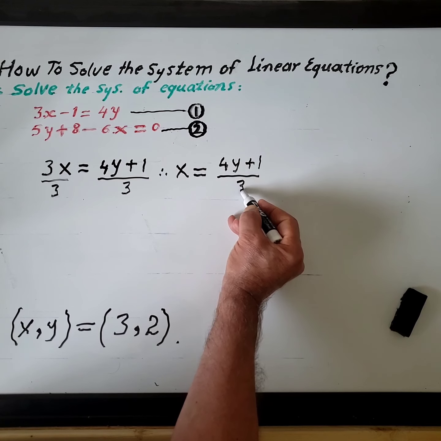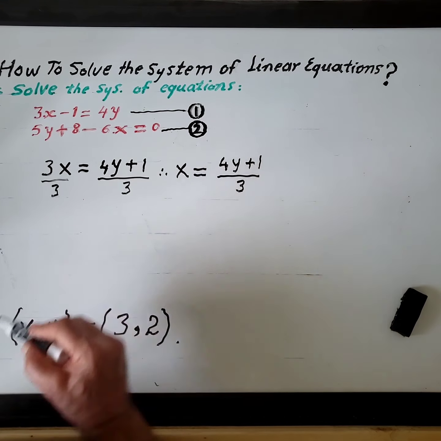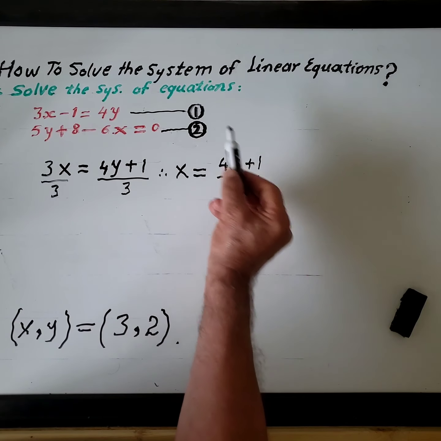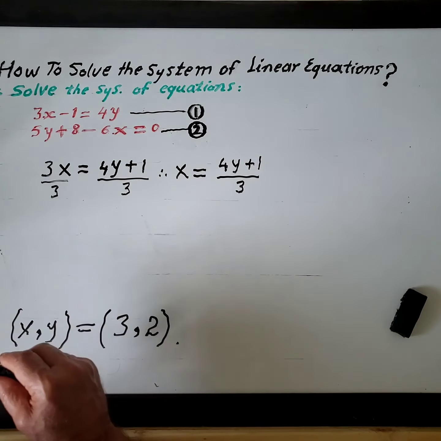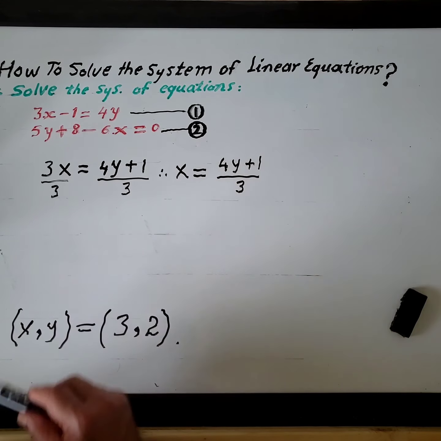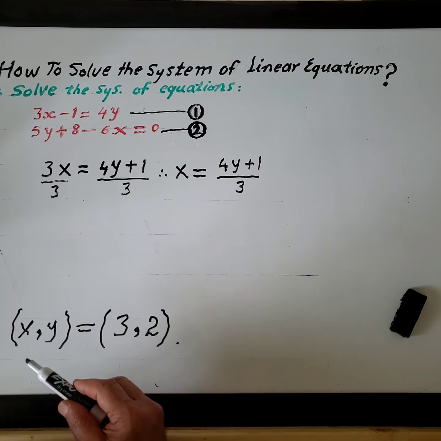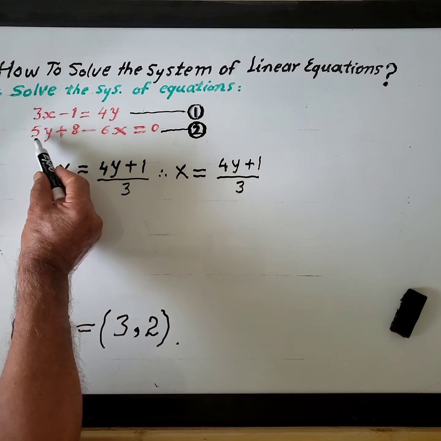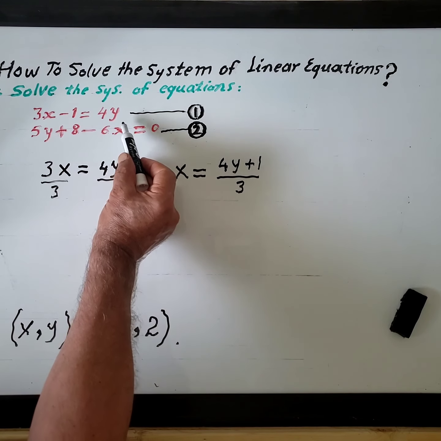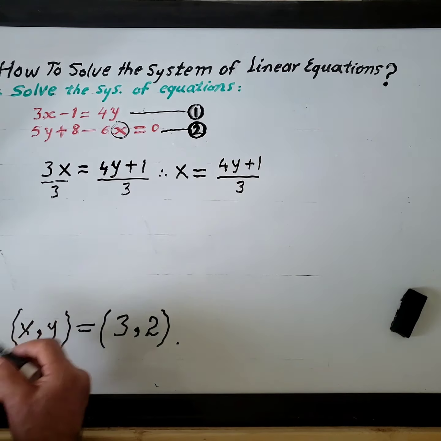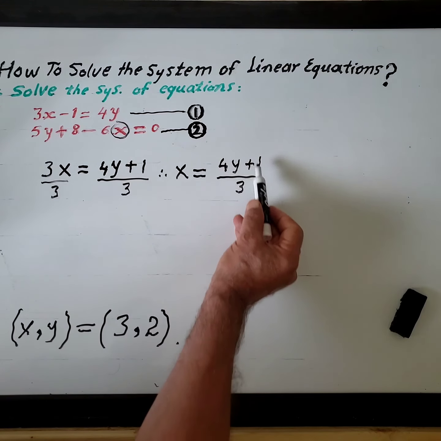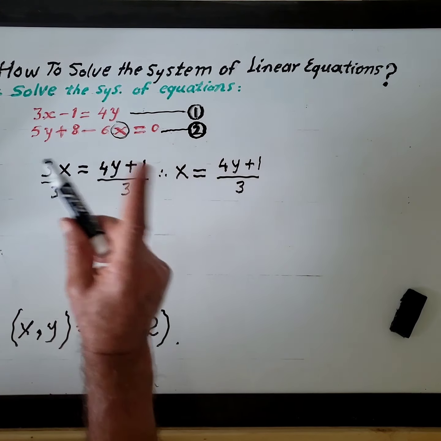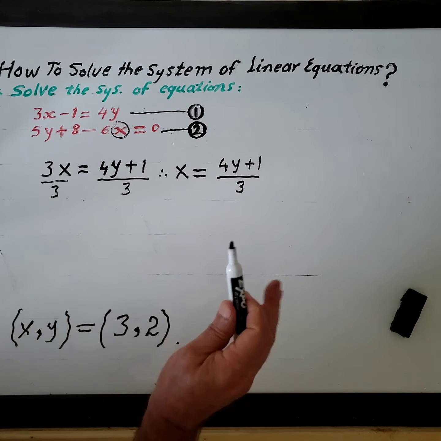This is the value of x in terms of y. This value, I'll take it and make substitution in the other equation about x. So from this to substitute here about x by this value, we got a new equation only in y without x.